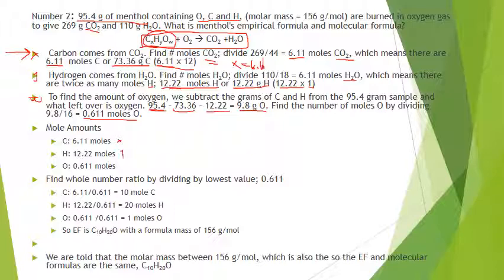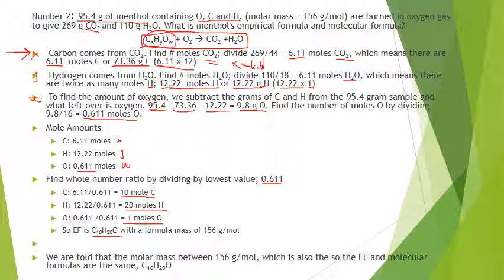Okay, so that's W. So what we have here is, this is X, this is Y, and this is W. These aren't whole numbers, so what we do is divide by the lowest amount, which is 0.611, and we get 10 moles of carbon, 20 moles of hydrogen, and 1 mole of oxygen.